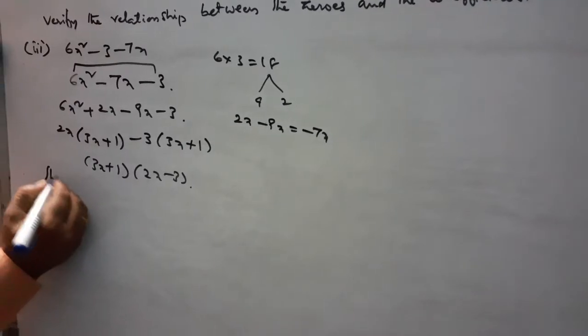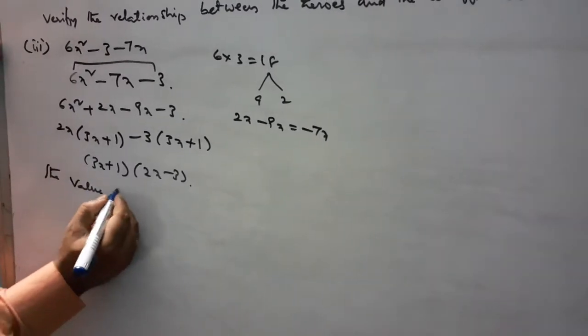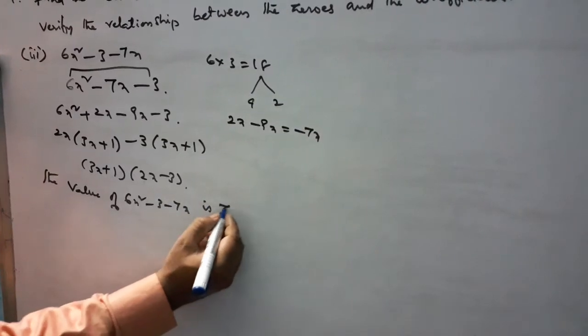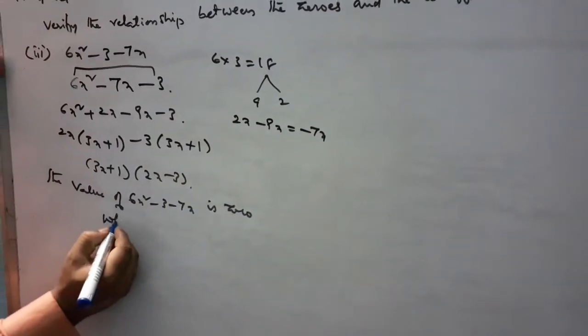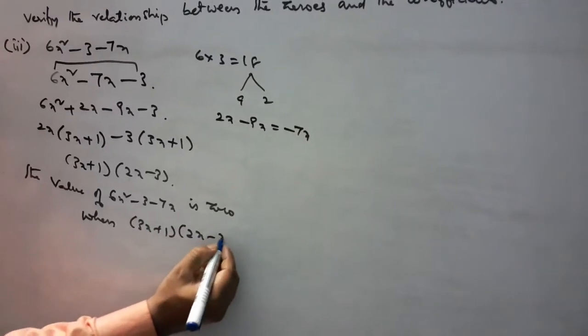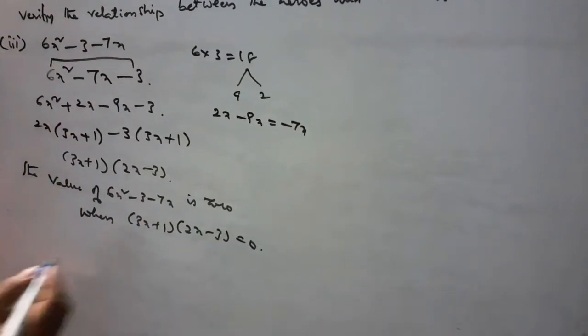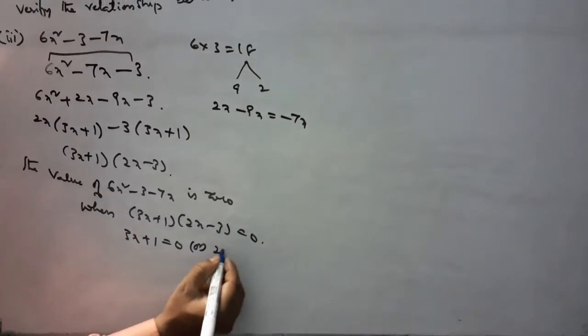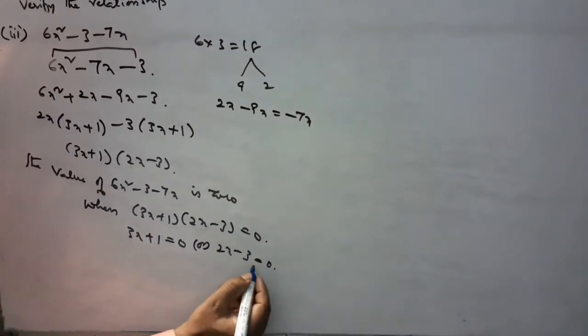So the value of 6x square minus 3 minus 7x is 0 when 3x plus 1 into 2x minus 3 equal to 0. So we will get 3x plus 1 equal to 0 or 2x minus 3 equal to 0.